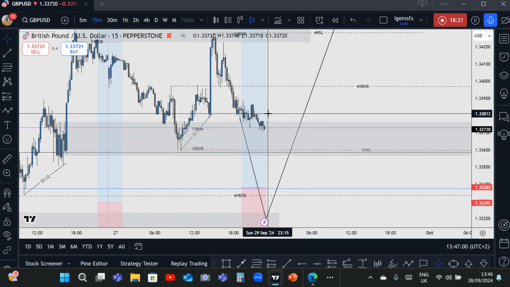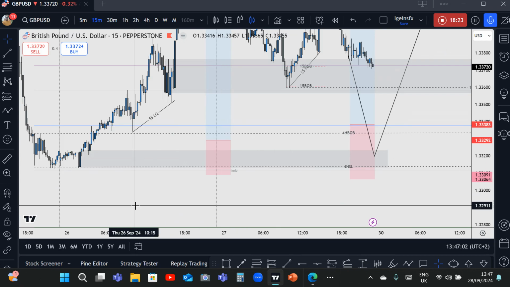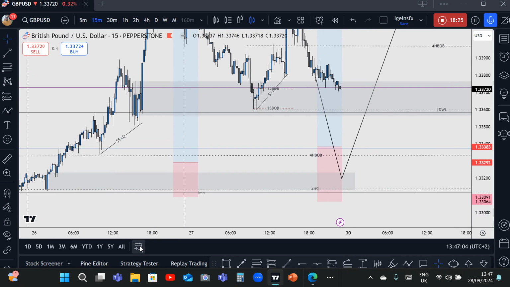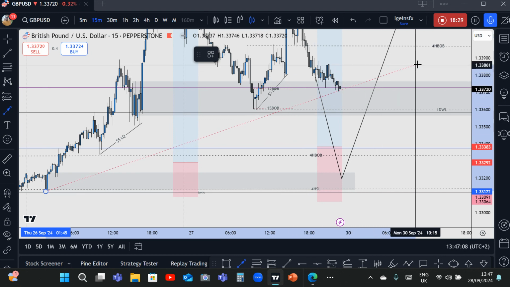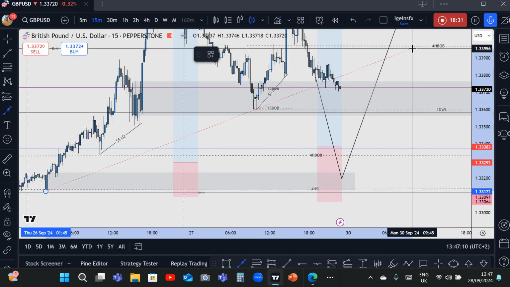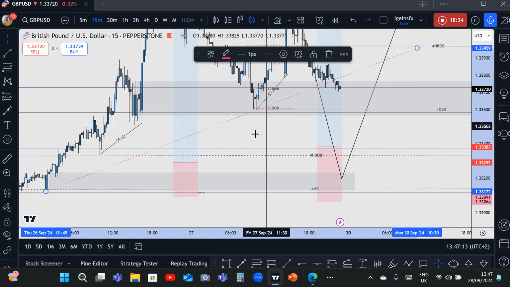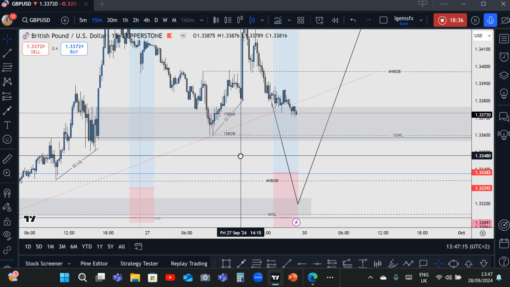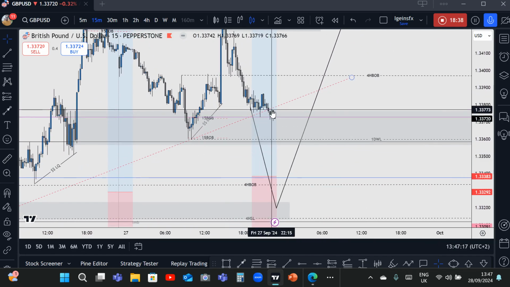Once you start seeing a rejection here, and another thing to further buttress my analysis: once you plot your trend line, you will discover that this trend line is no longer valid. Why? Because it's already broken.